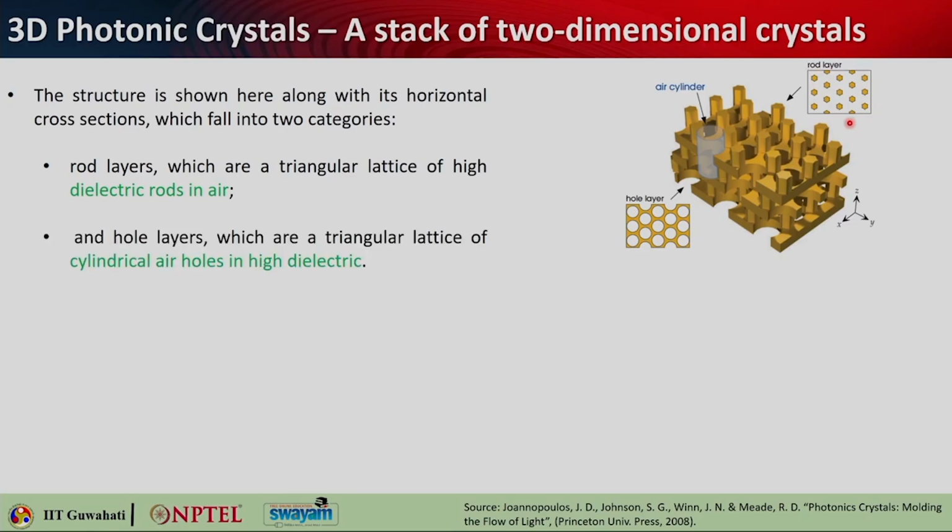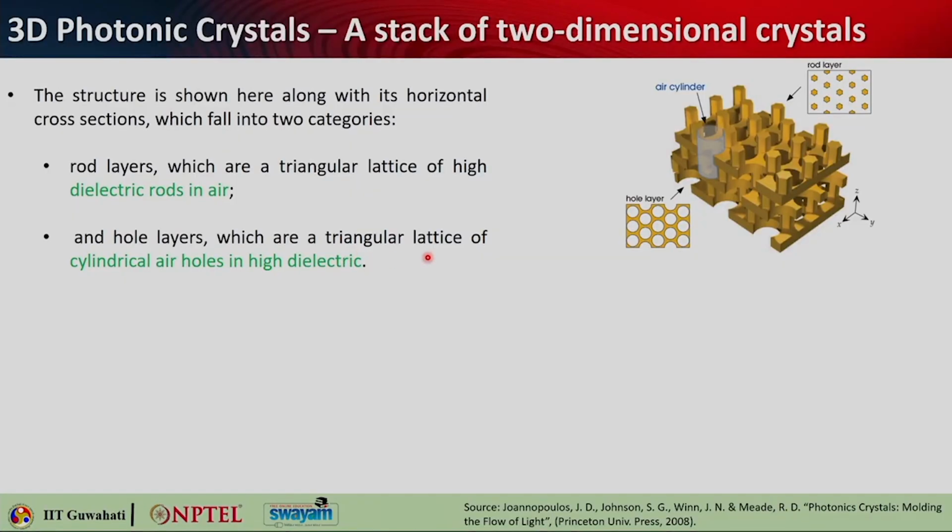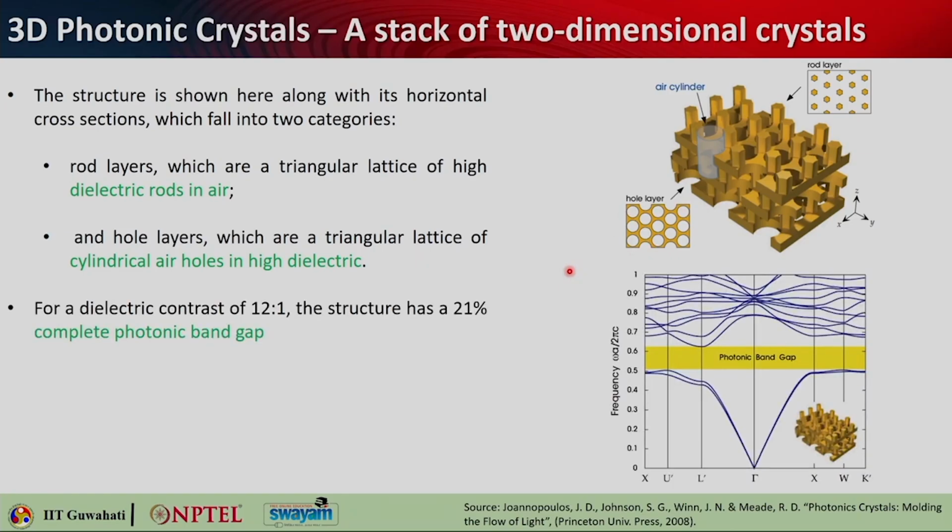So, this is one, and another one is a hole layer like this. It is a triangular lattice of cylindrical holes in a high dielectric substrate. So, you are just drilling holes in a triangular lattice or hexagonal array, whichever way you want to call it, and then you blend them together.